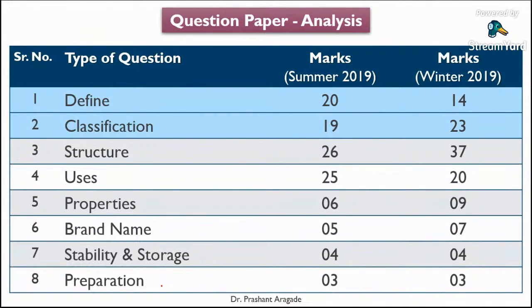If you combine serial numbers 1 and 2, you will find there are 39 marks, including options, covering definition and classification for summer. And for winter 2019, it is 37 marks. So if you study these 3 or 4 parts very effectively, then it will be very easy to score in Pharmaceutical Chemistry 2.